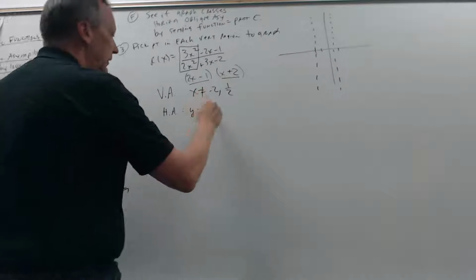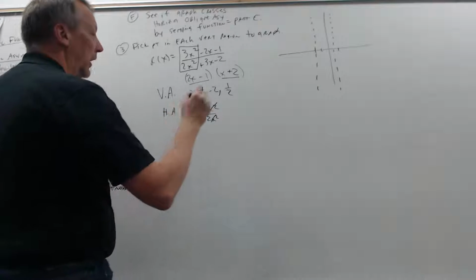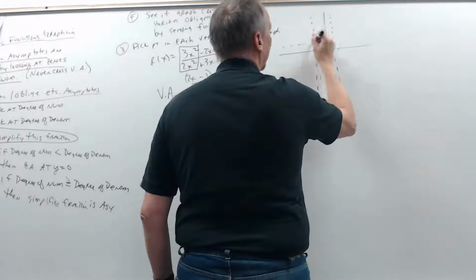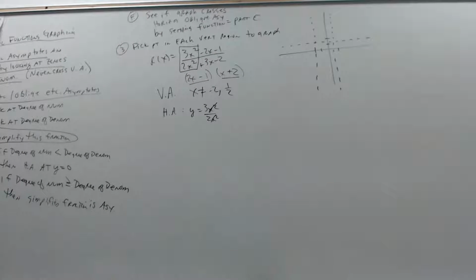X squareds cancel, and I'm left with 1.5. So 1.5 is about right there. All right, so I've got my horizontal there.